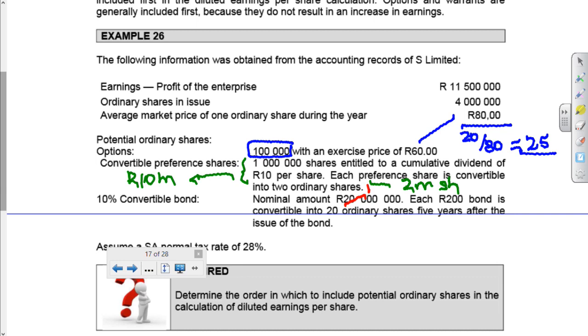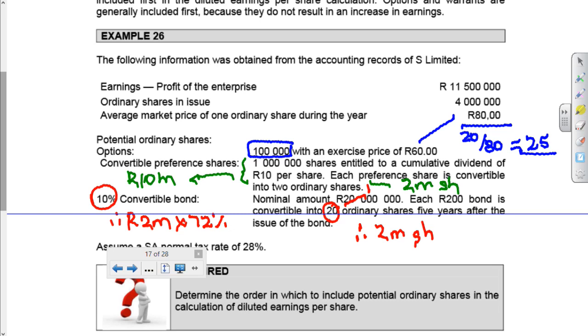They're going to convert into 20 shares, so 2 million shares. And then the interest that I'm saving is 10% on 20 million, therefore 2 million, and after tax times 72%.